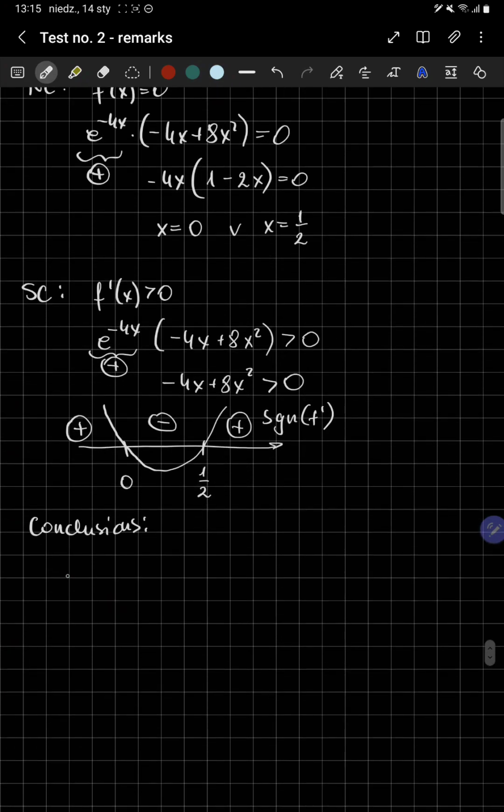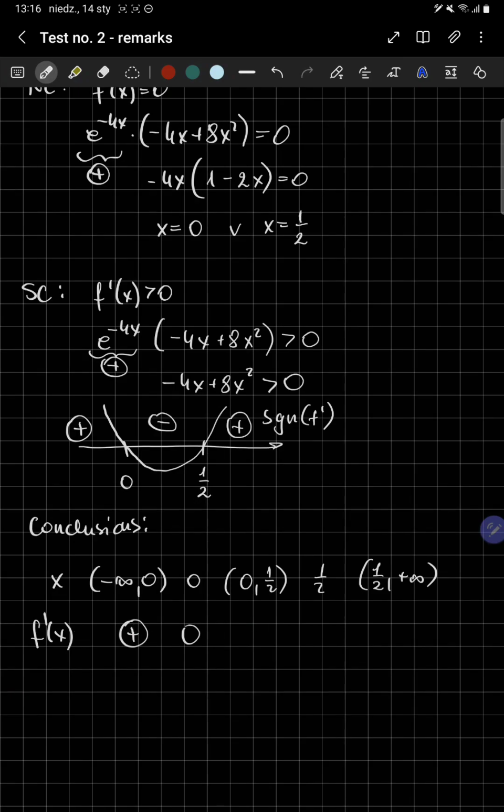We have x in the intervals from minus infinity to 0, the point 0, the interval from 0 to 1 over 2, the point 1 over 2, and the interval from 1 over 2 to plus infinity. This is what we see from this graph. Then for the derivative of f, it is positive here, 0 at 0, negative in this interval, 0 at 1 over 2, and positive in the last interval.